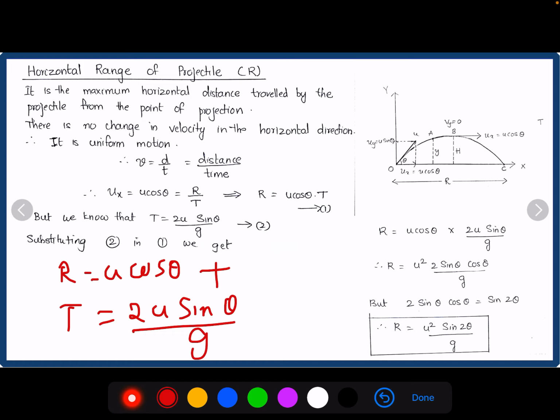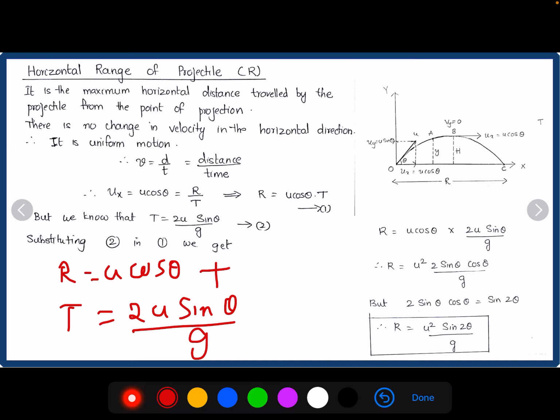So r is equal to u cos theta, and T means 2u sine theta by g. Therefore, it will become r is equal to u square, 2 sine theta cos theta, divided by g.